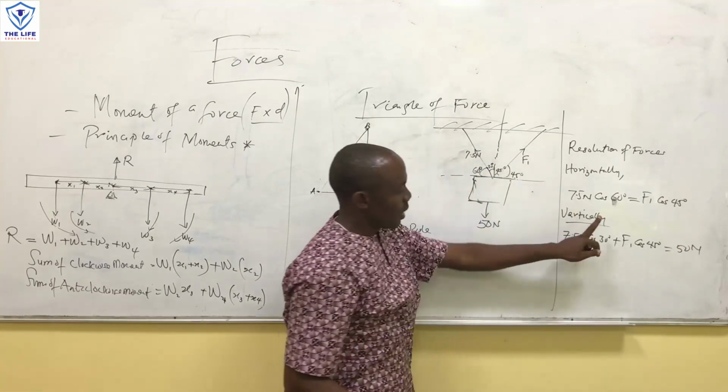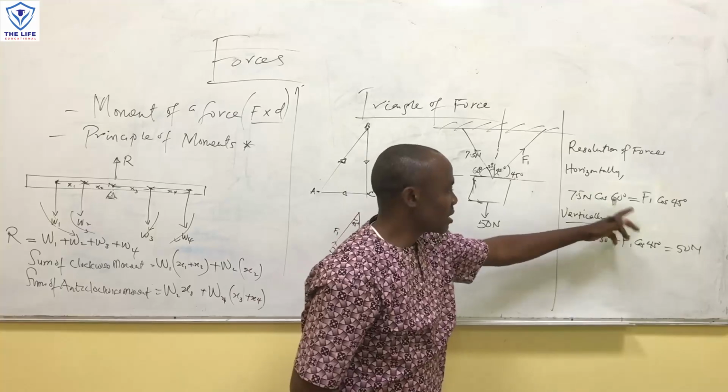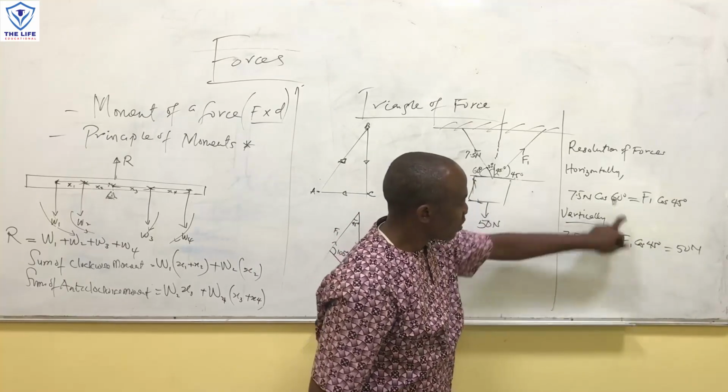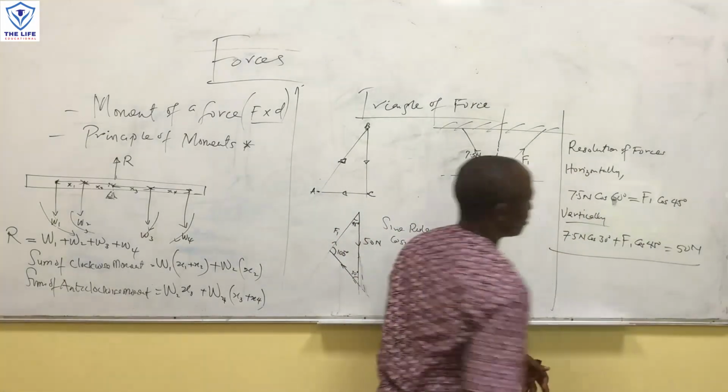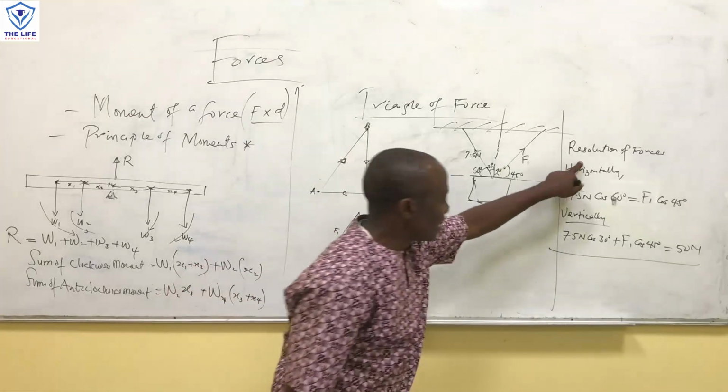In this case, we have two equations. Even from this, you can get your F1. So this is the procedure for resolving your forces, both vertically and horizontally.